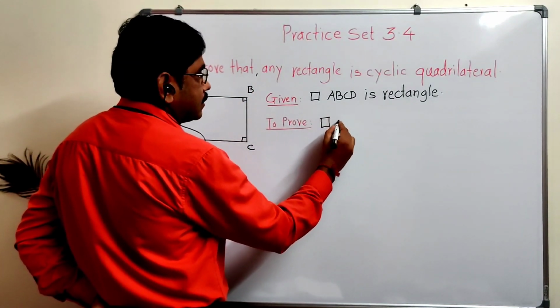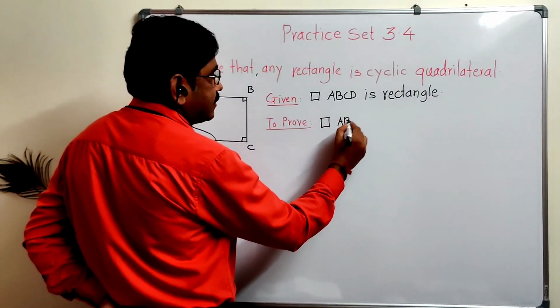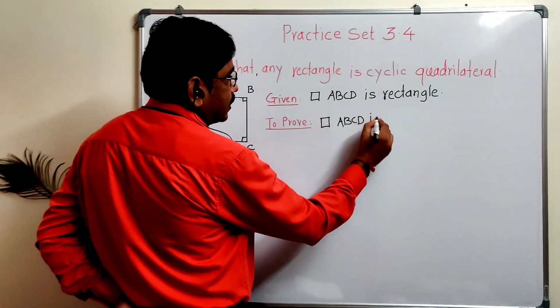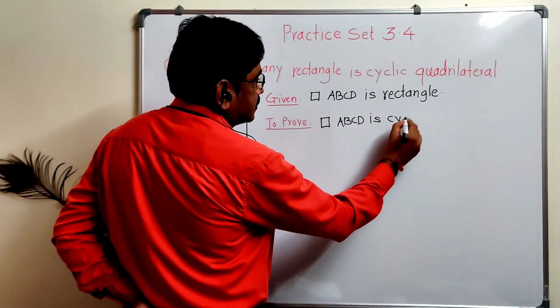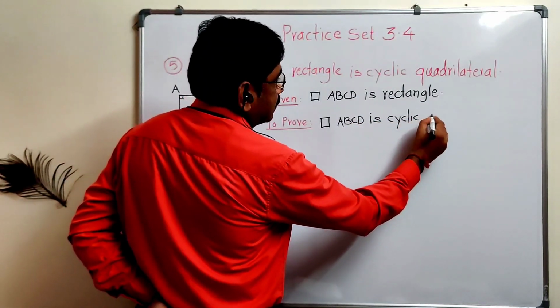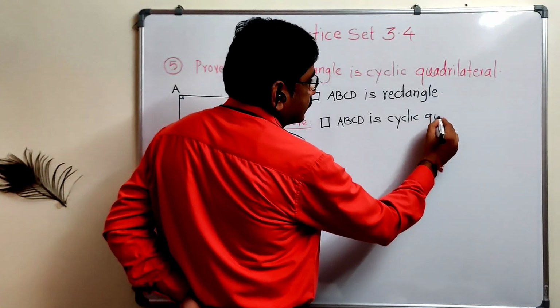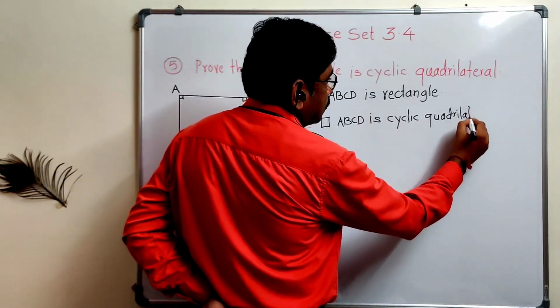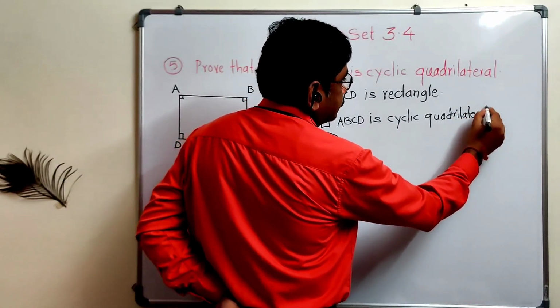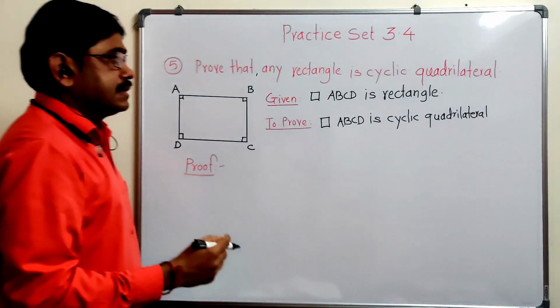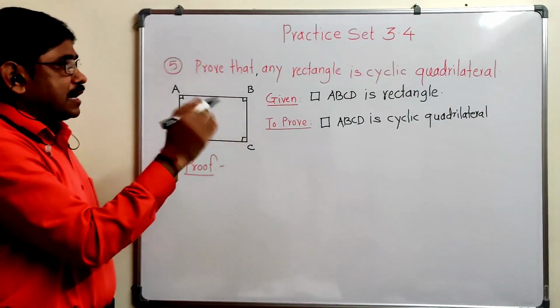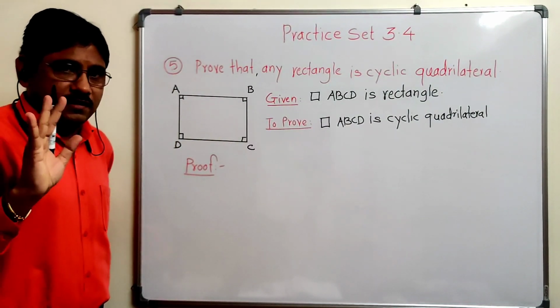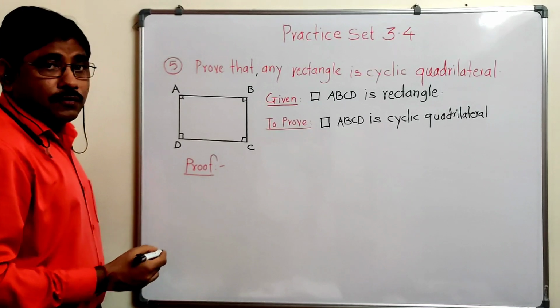Quadrilateral ABCD is a cyclic quadrilateral. So this is the given and this is to prove. So here given is it is a rectangle, then prove that it is a cyclic quadrilateral. Now let us see the proof.